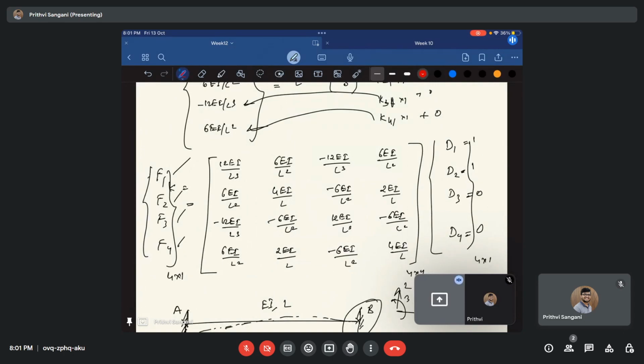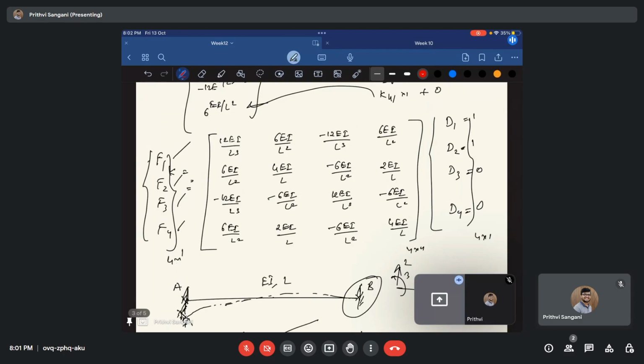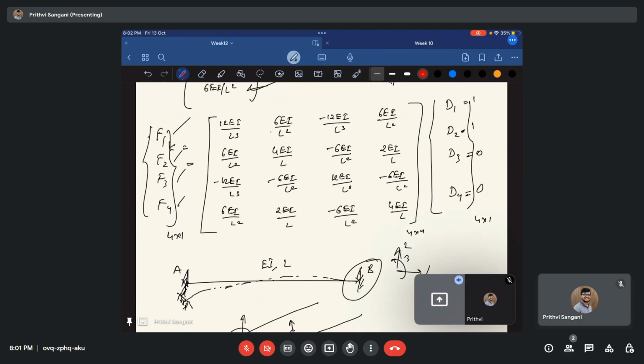This is what my stiffness matrix looks like, with 12 EI by L cube.